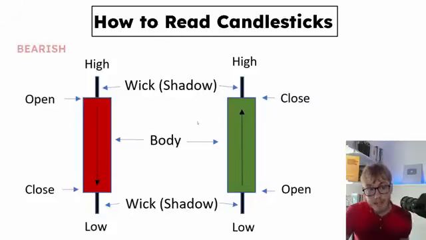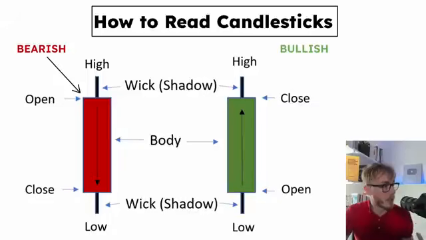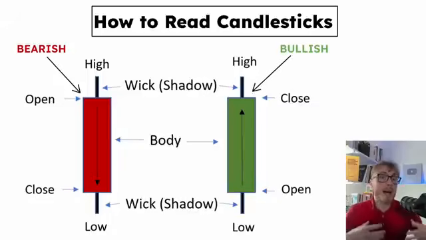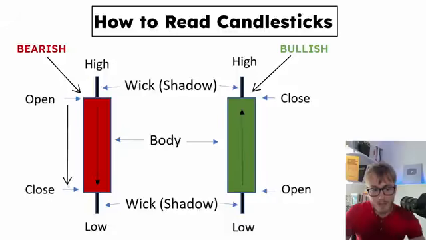We have a red candle, which is also called a bearish candle, and we have a green candle, which is also called a bullish candle. Sometimes if you see a black and white chart, the green candle is white and the black candle is red. The difference between these candles is that during the red candle, the price goes down, and during the green candle, the price goes up.